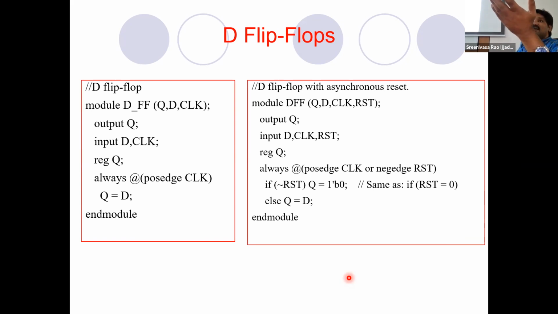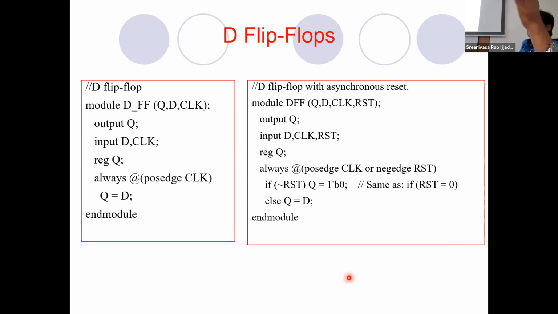Now the next state depends on the input, not the previous state. So that's why in the D flip-flop, in the excitation table and characteristic equation, I think you must know all of these, because you may have already studied them in your DLD coursework.